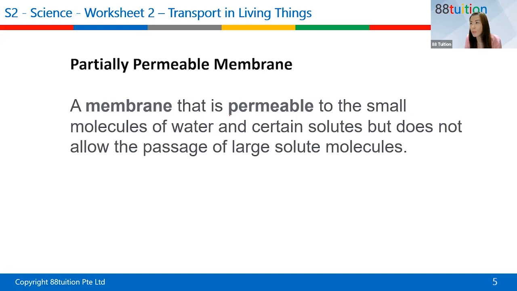So you need to know that it's permeable to small molecules of water. Then those small solutes that are very, very small, they can pass through the membrane also. But large solute molecules are not able to pass through.